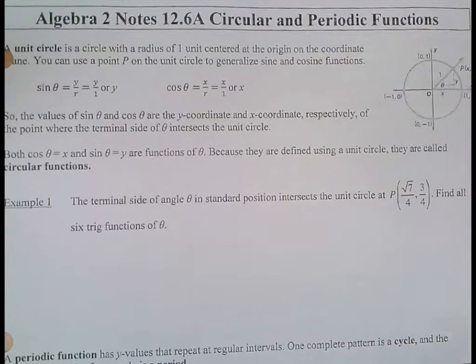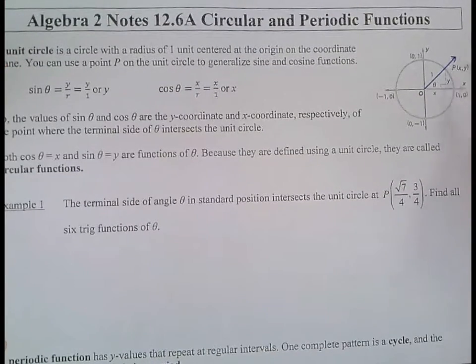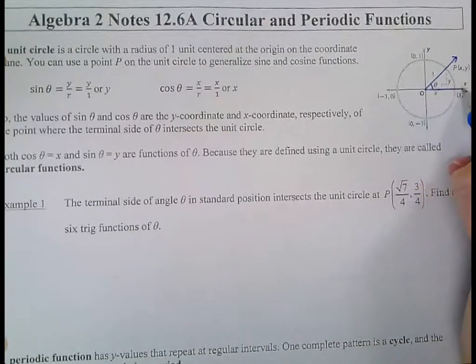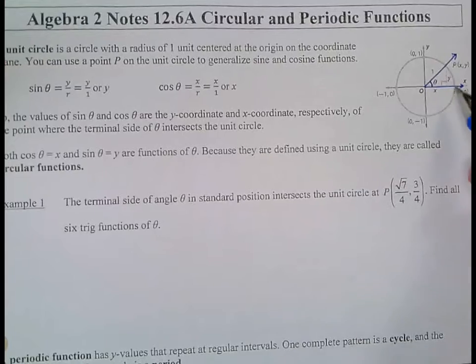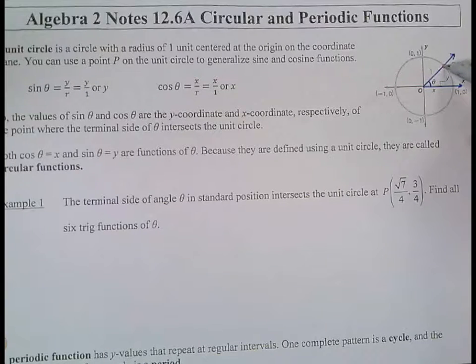But if you look over at the circle, notice the terminal side for some angle theta is here. And this is something we've done before, where, based on a point on the terminal side, you dropped down a side to create a right triangle to the x-axis.